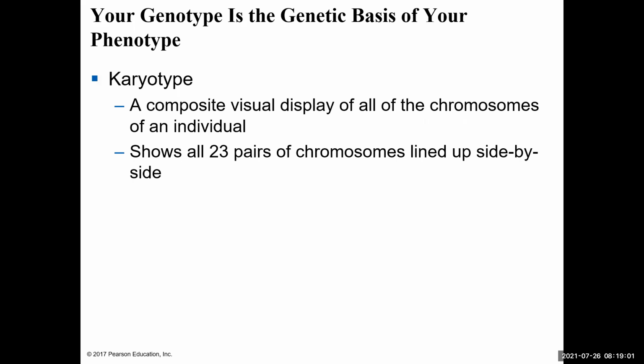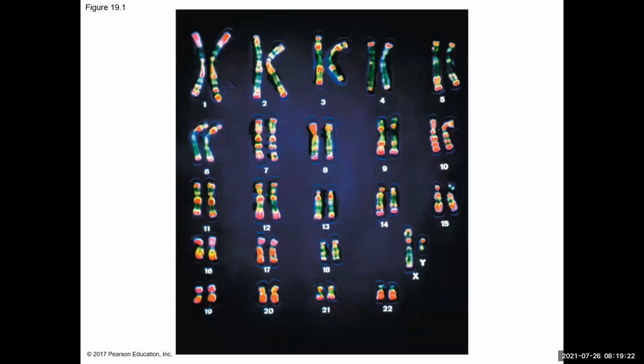They can stain those chromosomes to show the different genes, and then they can match the pairs of chromosomes up, and provide a visual display of the chromosomes for an individual. And this would show all the pairs of chromosomes lined up side by side. And so this outcome is known as a karyotype.